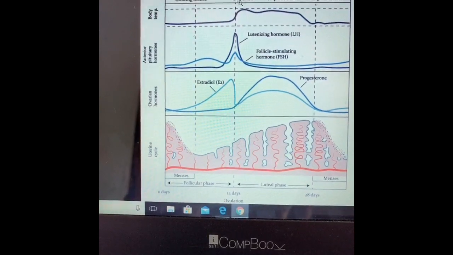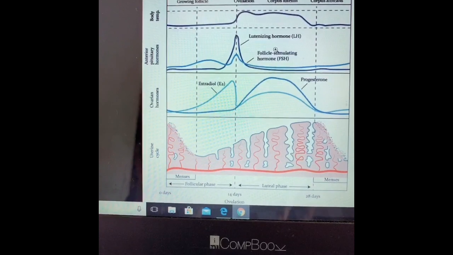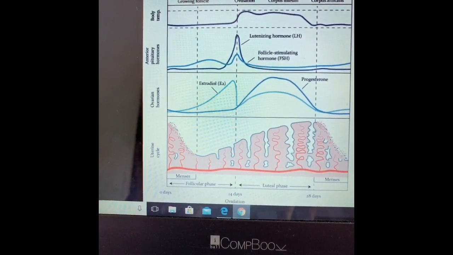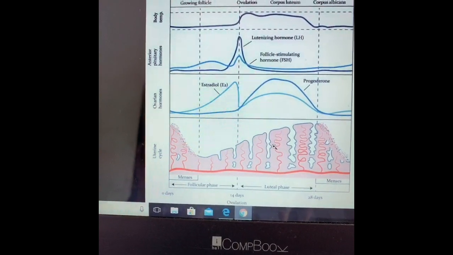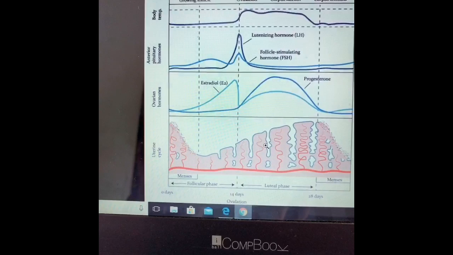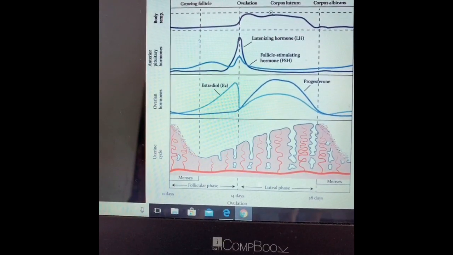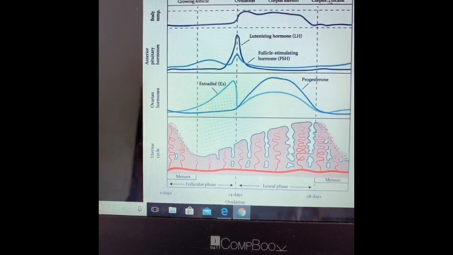If the ovum gets fertilized, the corpus luteum does not degenerate, keeps secreting progesterone until the whole pregnancy, keeping the endometrium intact. If the ovum does not get fertilized, the corpus luteum degenerates to corpus albicans.